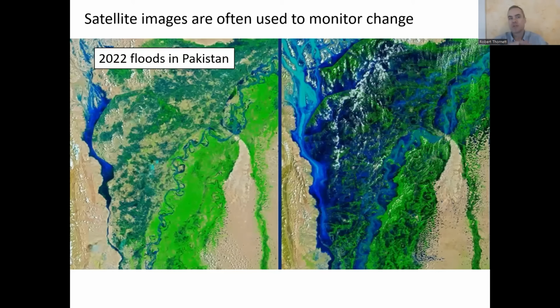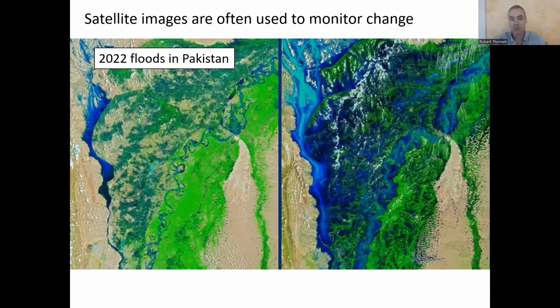And satellite images collected through remote sensing are often used to monitor some type of change over time. They're very good for monitoring large-scale change because they have such a zoomed-out view. So, for example, here you see Pakistan, where there were major floods in the summer of 2022. On the left you see before, and on the right you see after.